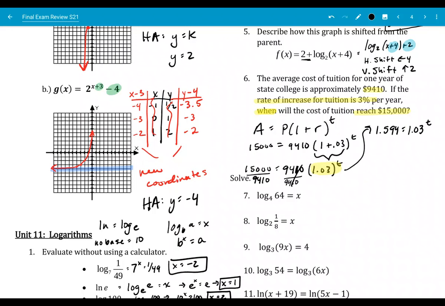So I can change this to a log in order to get the exponent down. This becomes log with a base of 1.03, it should have the same base as my exponent, of 1.594 is equal to t. And this I can plug into a calculator.